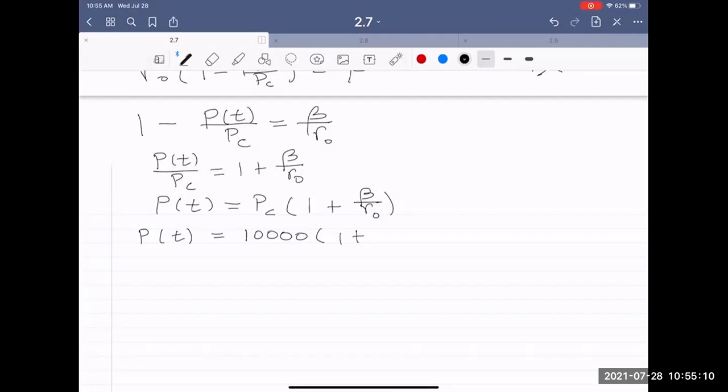Beta, the harvesting rate, was 4%. R sub 0, your birth rate, was 5%. Four divided by 5 is 0.8.